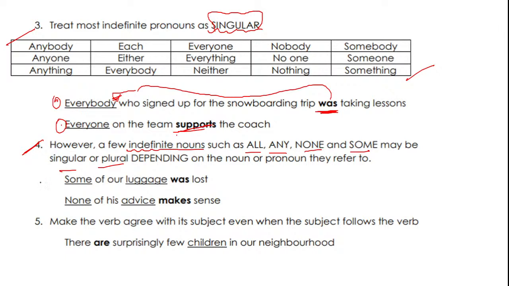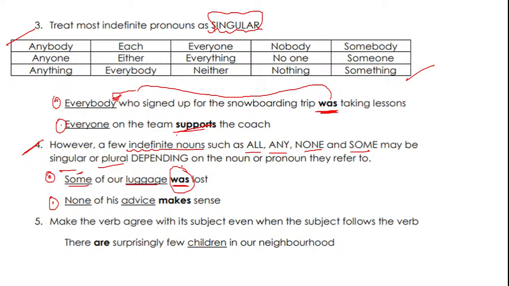So here the example we gave was, some of our luggage was lost. So here this particular indefinite noun some has been treated as singular, hence we used was. Similarly, none of his advice makes sense. You can clearly see the relationship between some and was, none, advice and makes, right? I have underlined the terms over here.